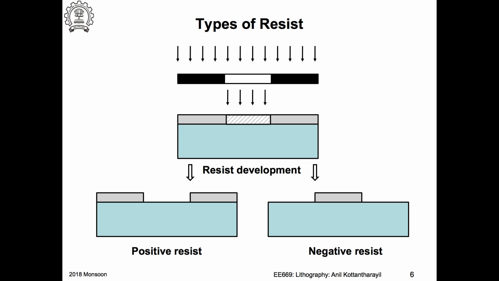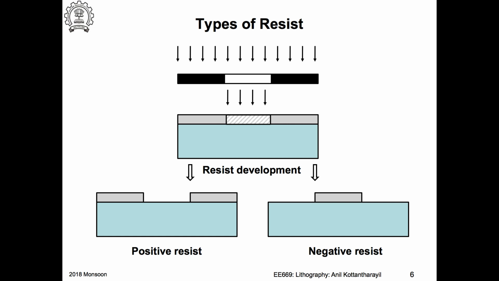Let's say this is an optical lithography. So this region is transparent, so light goes through this region. So this part gets exposed to the light, and then you develop the resist. You can have two types of resist, and in one case this is called positive resist. You're trying to remove the photoresist selectively.